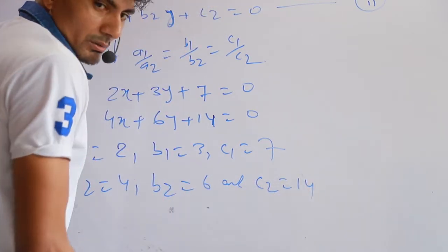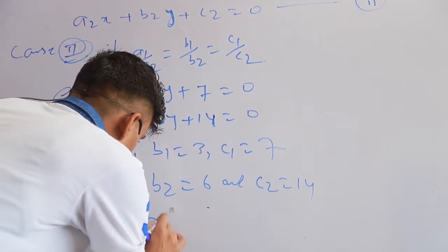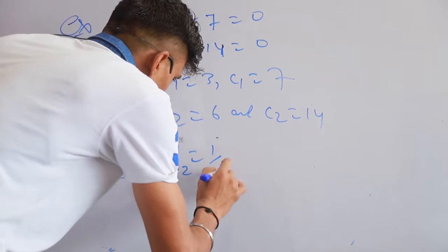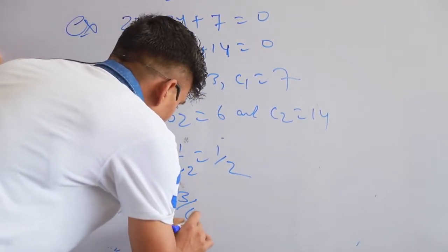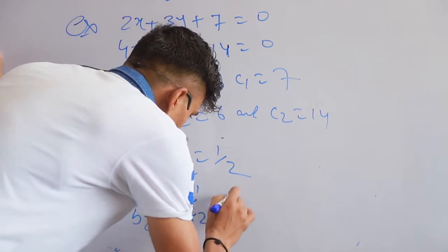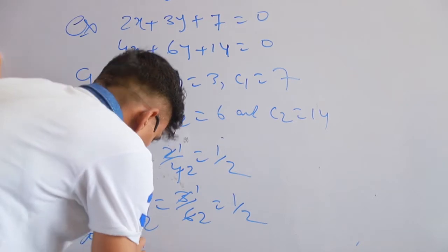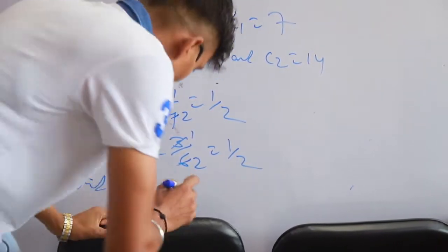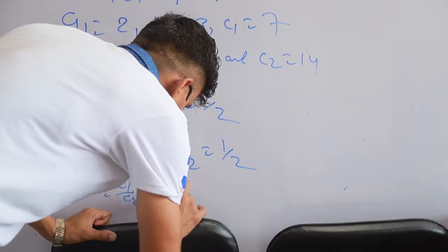Now a1 by a2 is equal to 2 by 4, that is equal to 1 by 2. b1 by b2 is equal to 3 by 6, that is also equal to 1 by 2, and c1 by c2 is equal to 7 by 14, that is equal to 1 by 2.